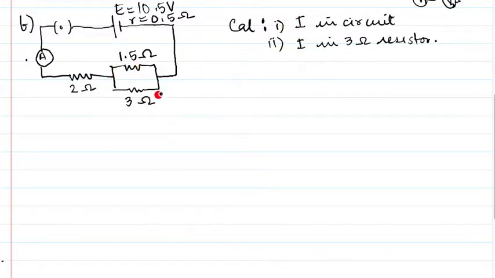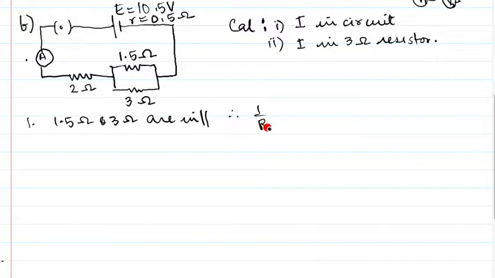For that we will have to find the total resistance in the circuit. So we will have the first part over here. We will say that 1.5 ohm and 3 ohm are in parallel.